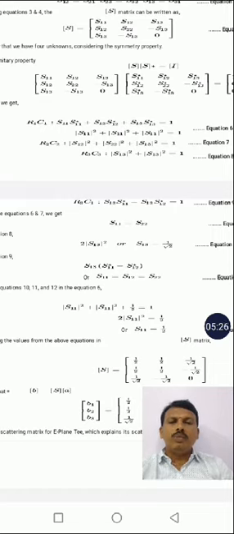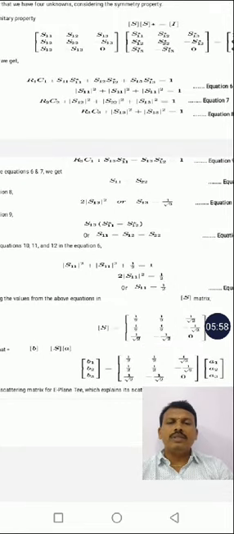Row 1 is S11 multiplied with S11 star, plus S12 with S12 star, plus S13 multiplied with S13 star, equal to 1. S12 we can already define from equation number 3. That equation is 7.